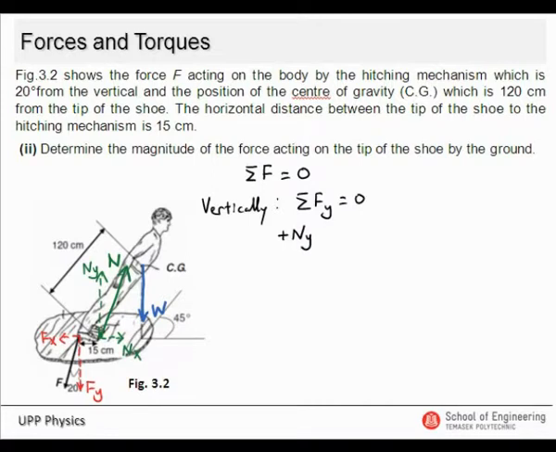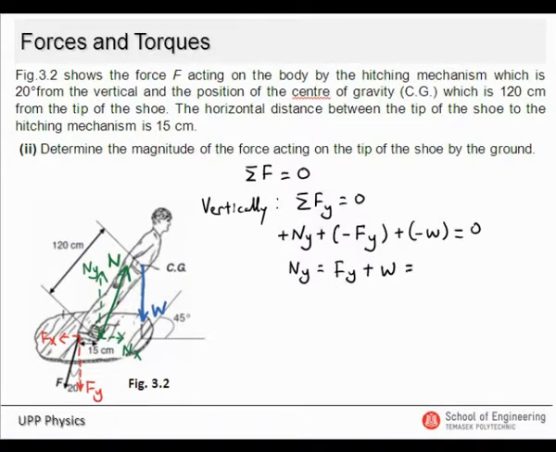The next force we're going to add is the vertical component of F, which is Fy, but it is acting downwards, therefore it's a minus Fy. Same thing for the weight W, since it's acting downwards, so it's in the negative direction. The sum equals 0. Therefore, the vertical component of the contact force N will be equal to Fy plus W.